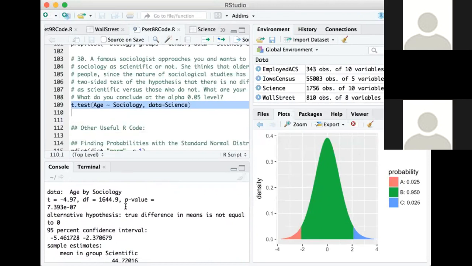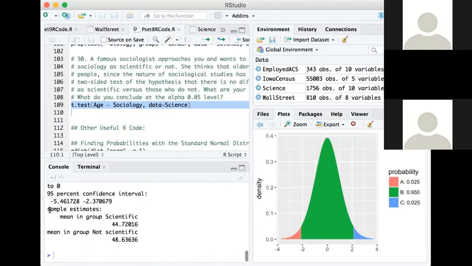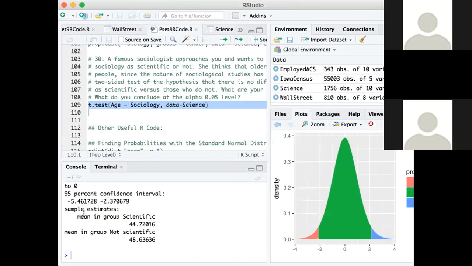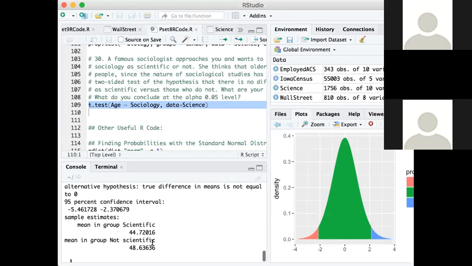So this is a significant result, right? And it gives us some sample estimates. So the sample estimates, the point estimates for the mean in the scientific group is 44.7, and the mean in the non-scientific group is 48.63.